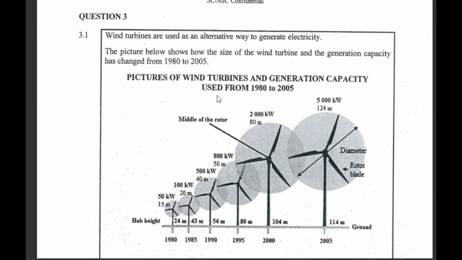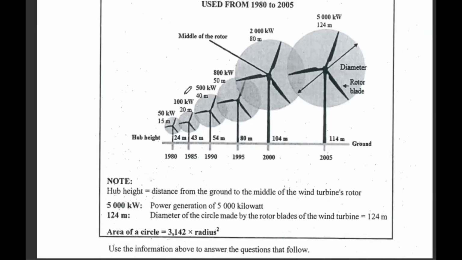2005. All right. So I believe you can see that this is the amount of electricity that can be produced. This is the radius. This is the turbine height. Then these are the years.